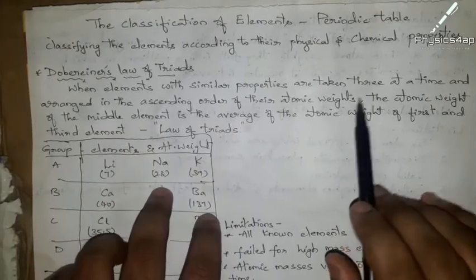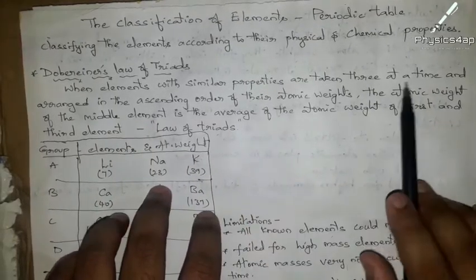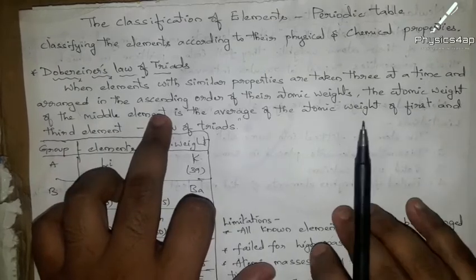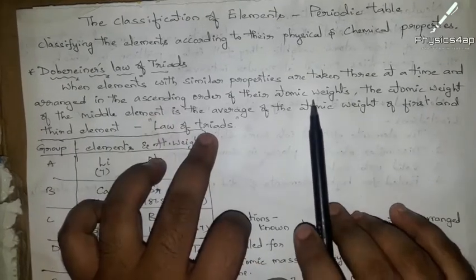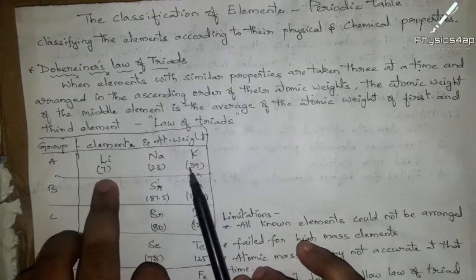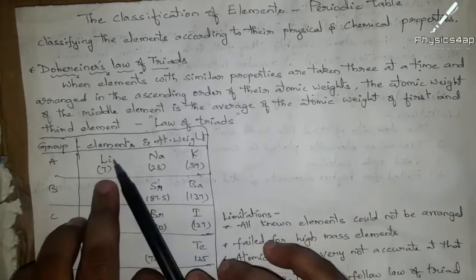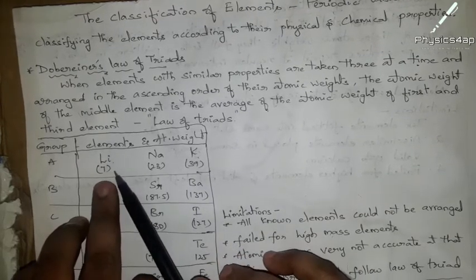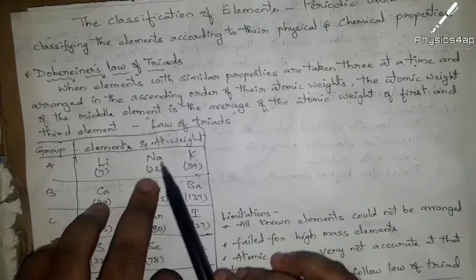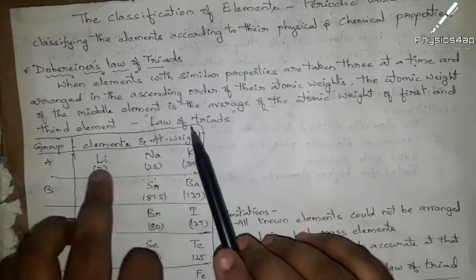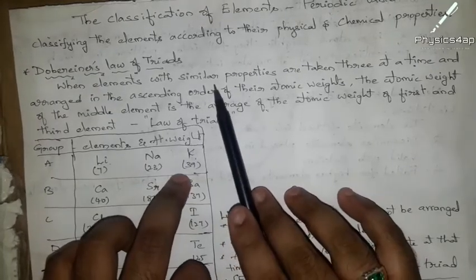All three elements having similar properties are taken three at a time and arranged in ascending order based upon their atomic weight. If we take lithium, sodium and potassium, lithium has atomic weight 7, sodium 23 and potassium 39, arranged in ascending order as these three have similar properties.